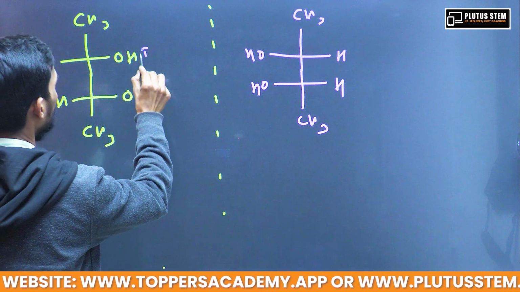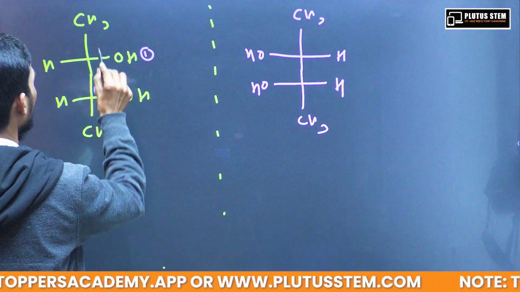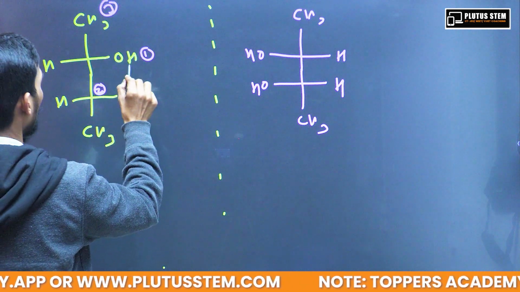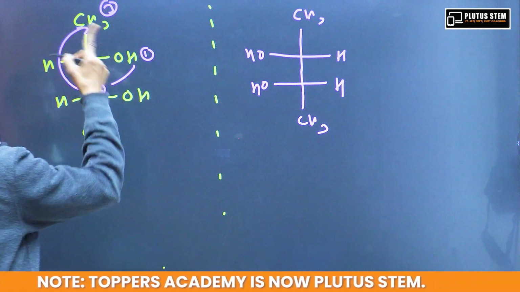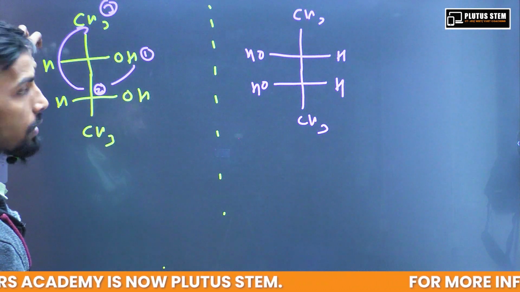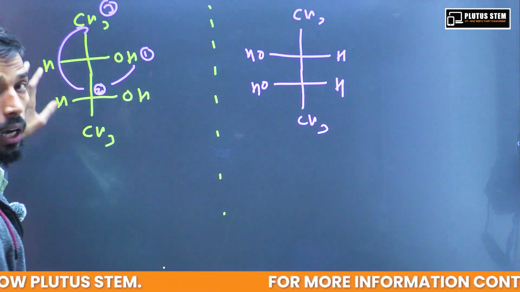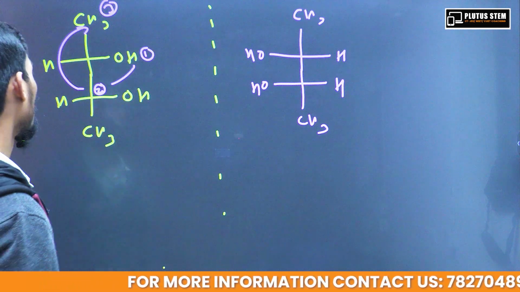Let's say this is 1, this is 2 priority, and this is 3 priority. So the rotation will be like this, clockwise, and the fourth group is above the plane. So this is going to be S.